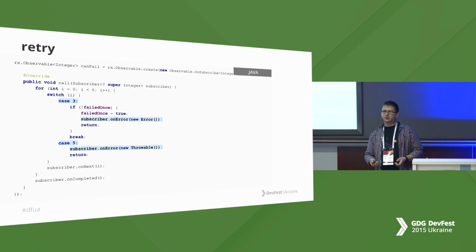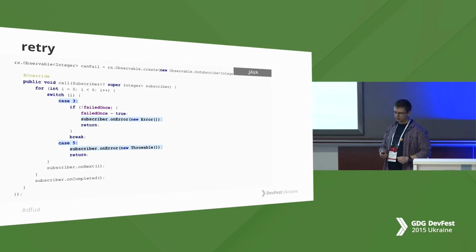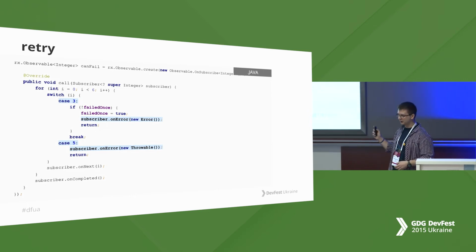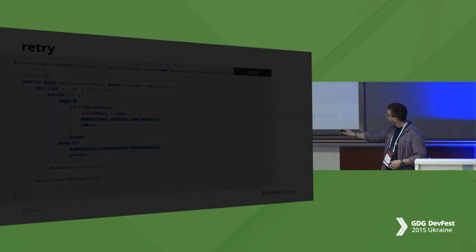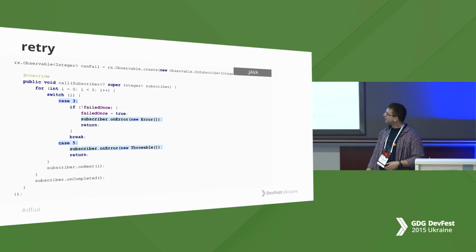And here comes retry. Retry is an operator, a great building block which makes RxJava scalable, and it really gives us ability to check what really happens and how many times we should handle error. Here you see example.